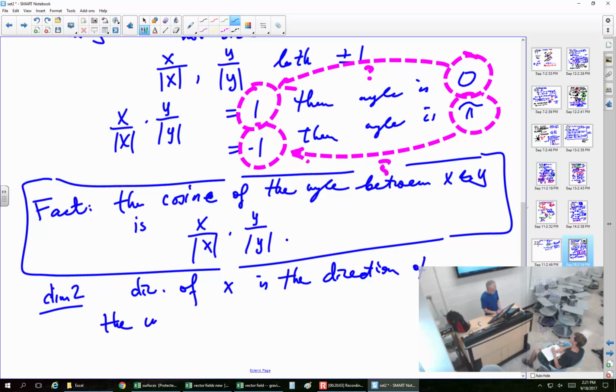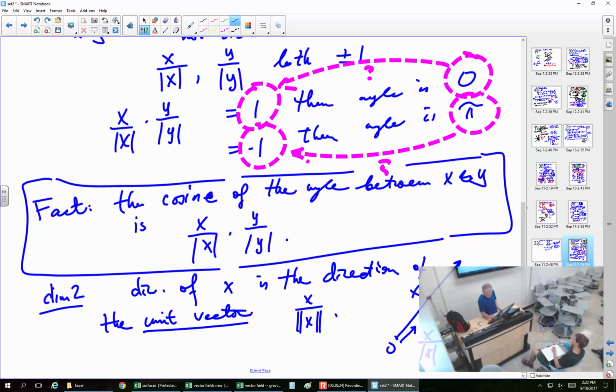The unit vector in the direction of x is x over the magnitude of x. So if you had x here, origin to x, then x over the magnitude of x just shrinks it or stretches it, whatever the case might be. So the unit vector is simply a vector of length 1.